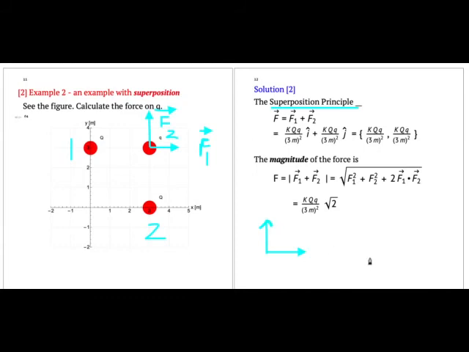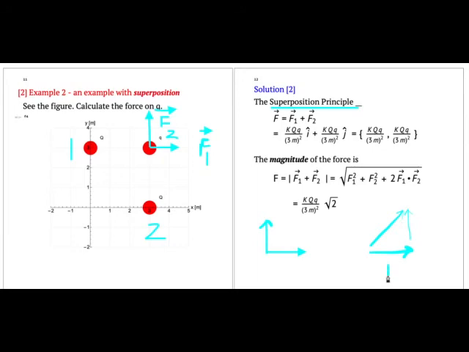Well, we say start with F1, then add F2, the sum of the two vectors is this vector. This is the sum of the vectors.